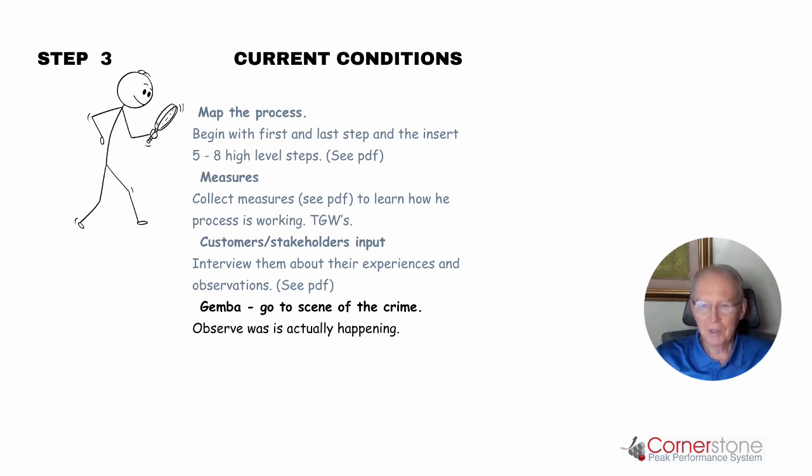And then they might bring in even the forensic people to get into the real detail to see what's going on. So have this concept in your mind that you're a detective and you're going to observe and see what's really happening in this process. So that is what Gemba means, going to the scene of the crime.